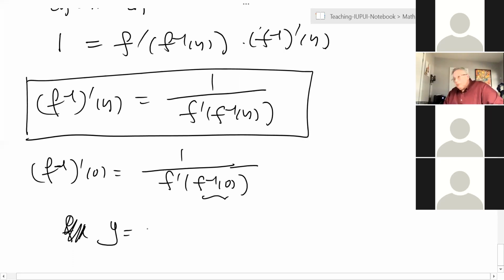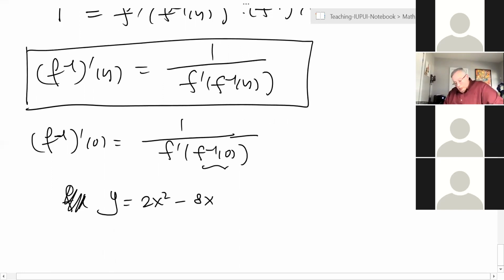What's the relationship? y equals 2x squared minus 8x, right? Trying to get x, right? So y equals f of x, and the inverse of y is going to be x.